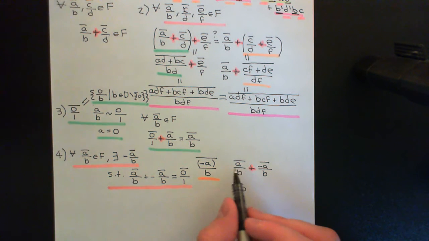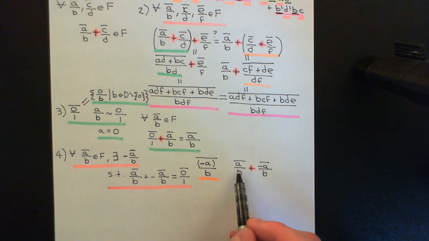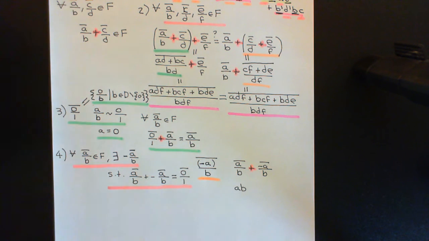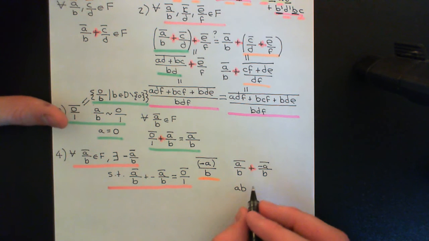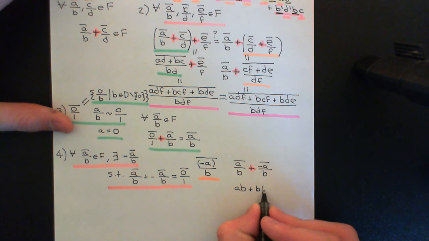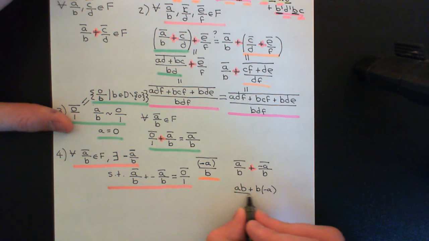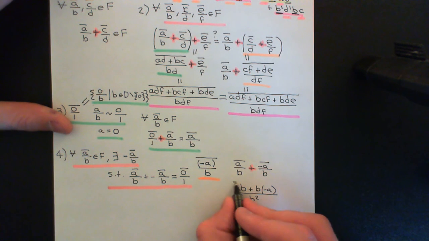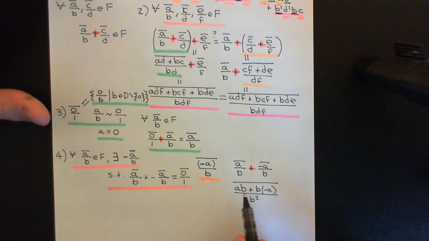I should stress, again, really what we're doing is taking a representative from here, taking a representative from here. I might as well take this representative and this representative, the representatives after which I've named these equivalence classes. So I'll multiply a by b. Then I'll multiply b by negative a, so I'll get b times negative a. And then I'll multiply the two denominators here, so I'll get b squared. Now I'll take the equivalence class that contains that.